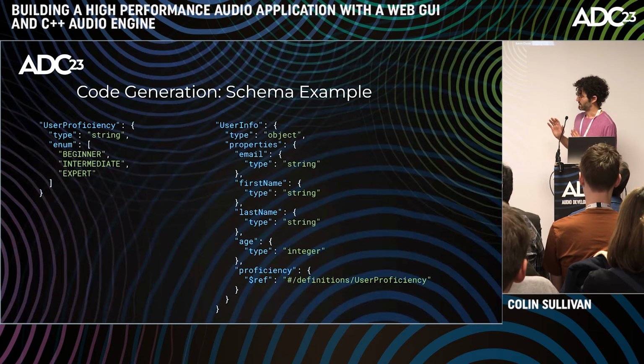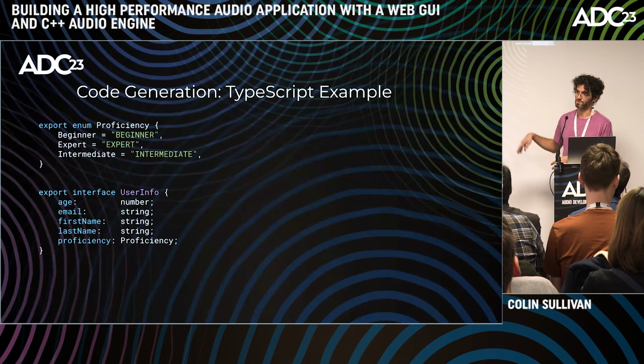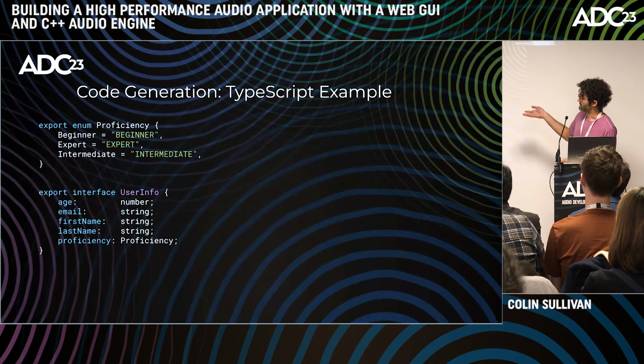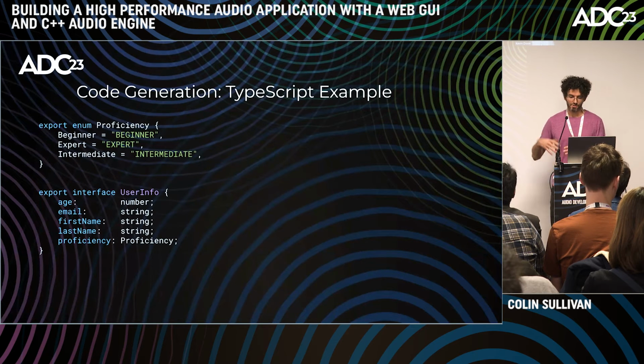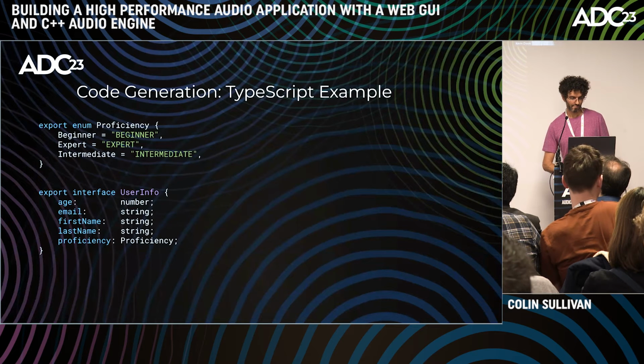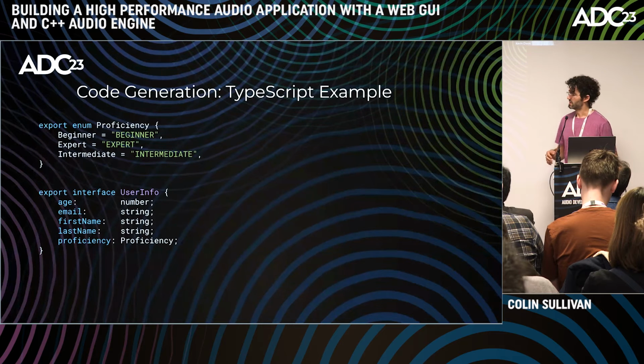So we're looking at the code that we will write by hand, and we'll maintain this by hand. Now this is generated TypeScript. On the left, you see an enum and the structure. This is how you define types in TypeScript, and it will be auto-generated for us. This is all you need in TypeScript, actually.